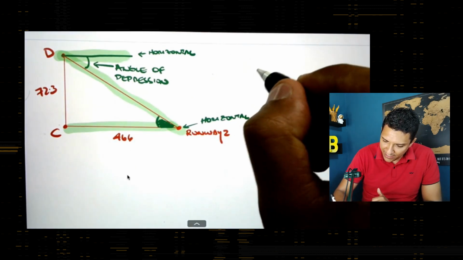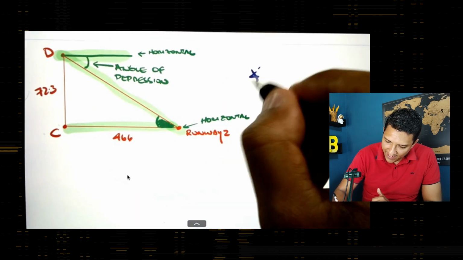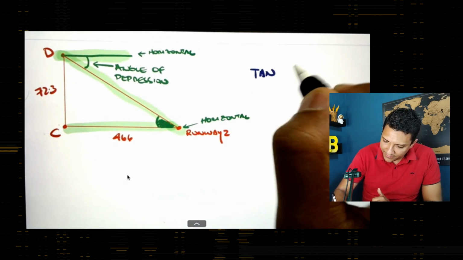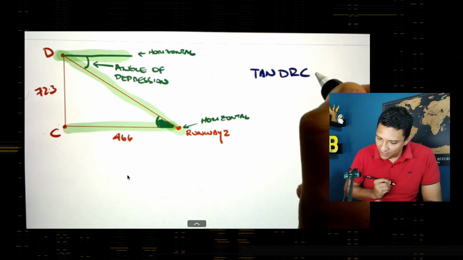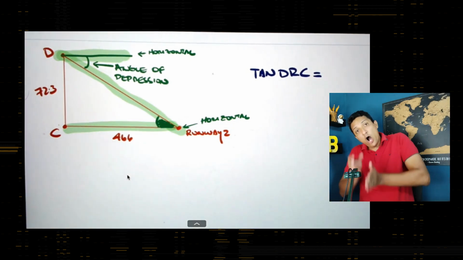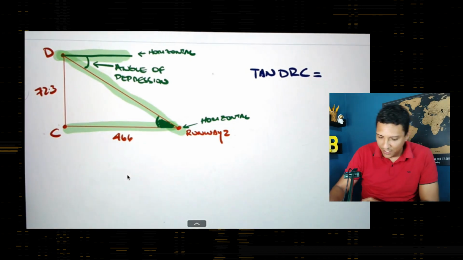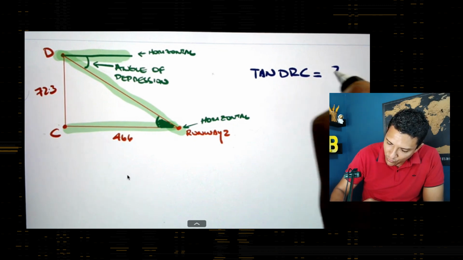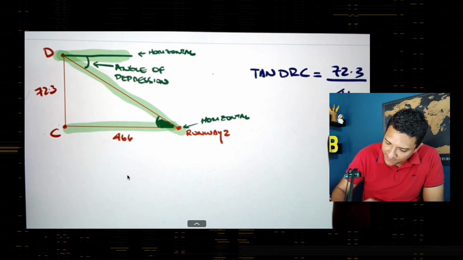Okay, so the tangent of the angle DRC equals the opposite side over the adjacent side, 72.3 divided by 466.